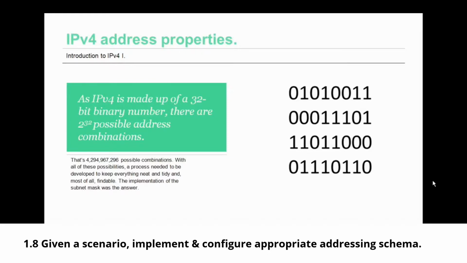That gives us 4,294,967,296 possible address combinations. With all of these possibilities, a process needed to be developed to keep everything neat and tidy, and, most of all, findable. The implementation of a subnet mask was the answer, and I'll get to that subnet mask in just a moment.